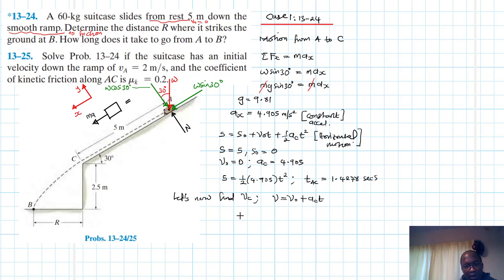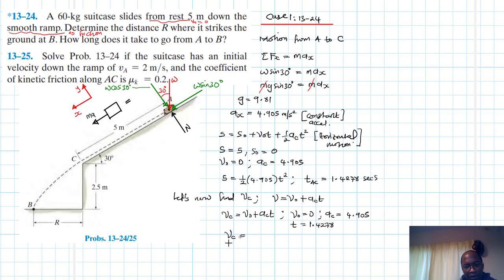Our v naught is equal to 0, our a is 4.905, and we already have the time, which is 1.4278.